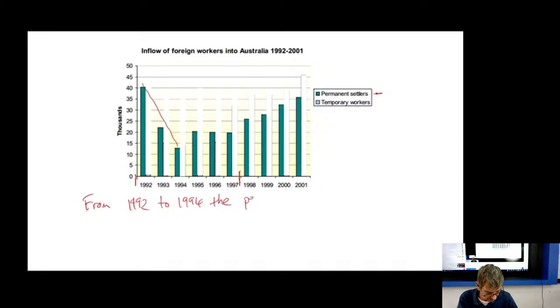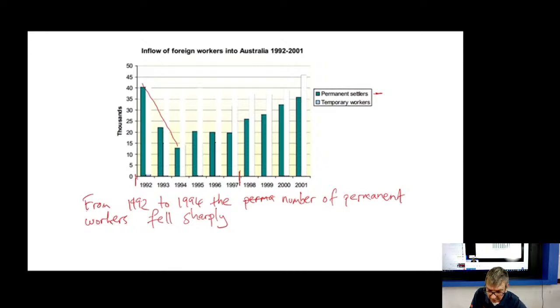The number of permanent workers. And how can we describe this decrease? Well, it's quite a sharp decrease, isn't it? So we can say fell sharply. Okay, so it fell sharply.